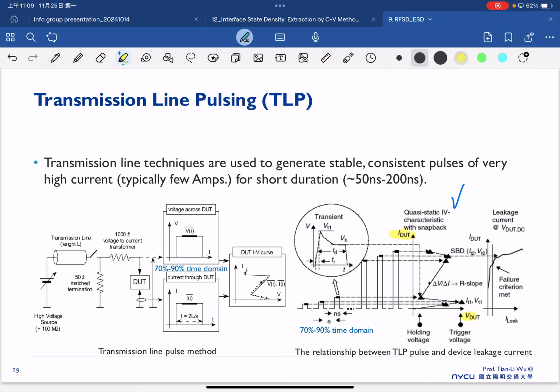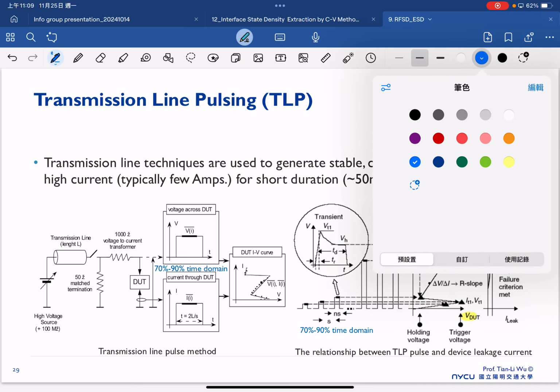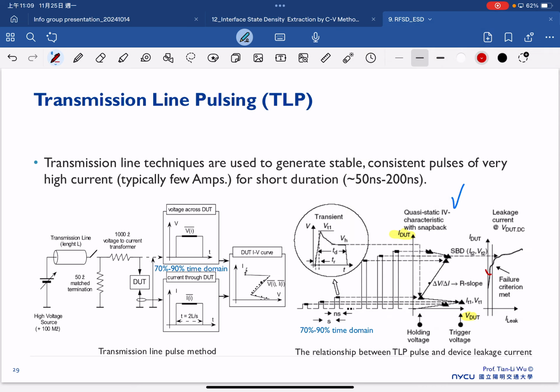And once we have this observed, that means the failure criteria are met. That means we start to see the device has ESD induced damage here. So this is the relation between TLP pulse and device leakage current. This is the device leakage current.